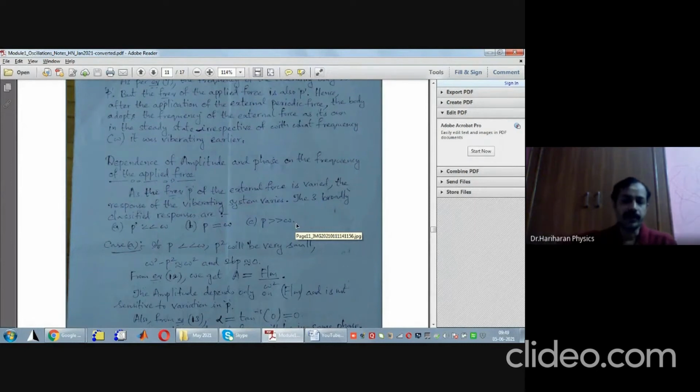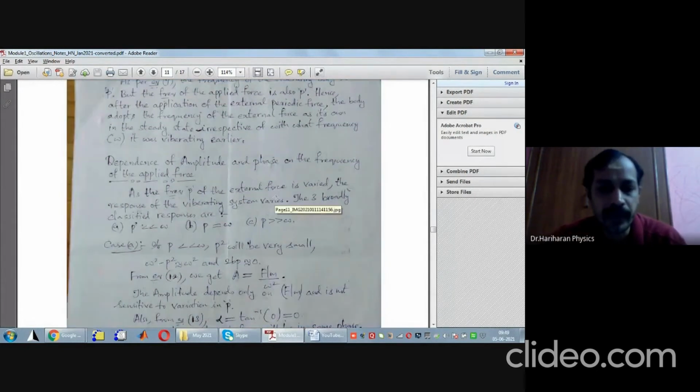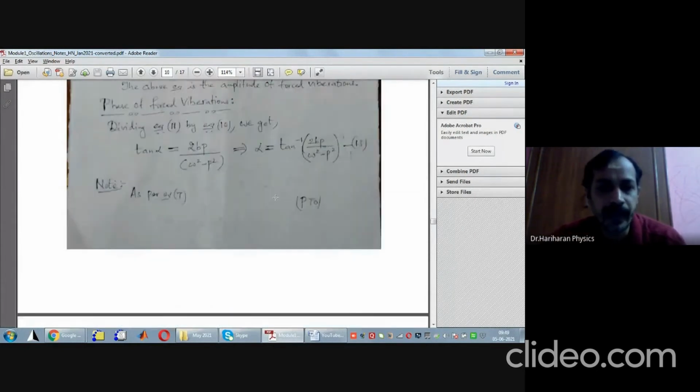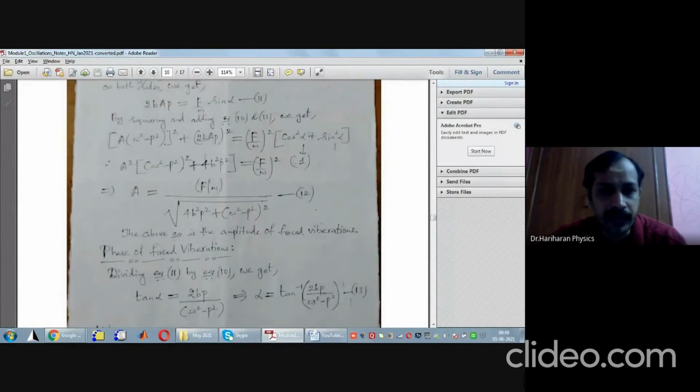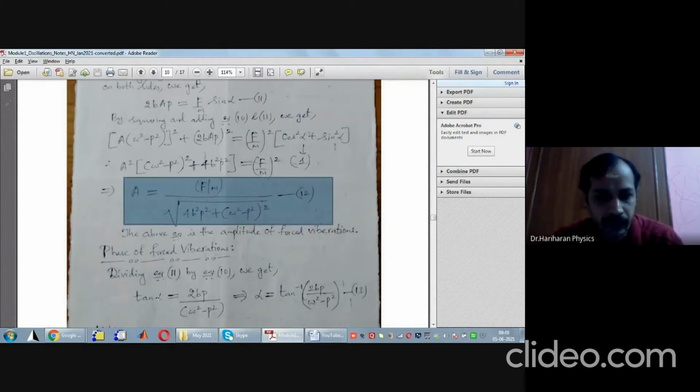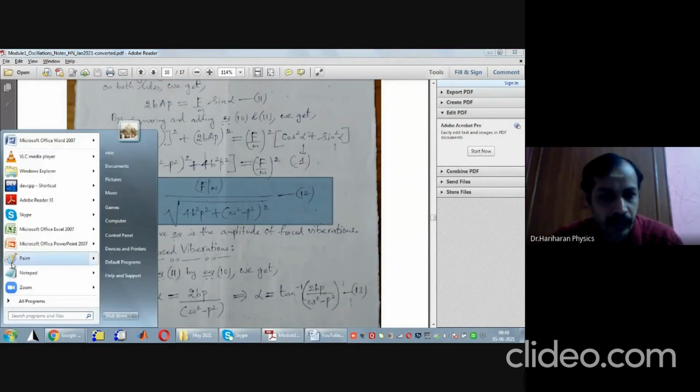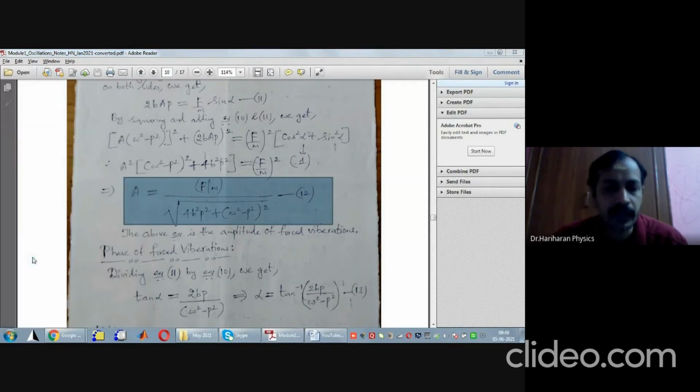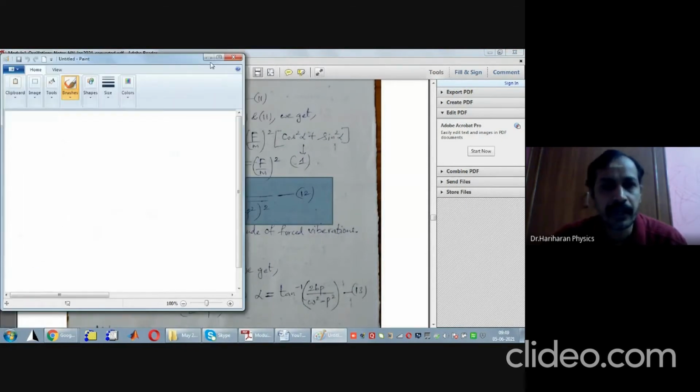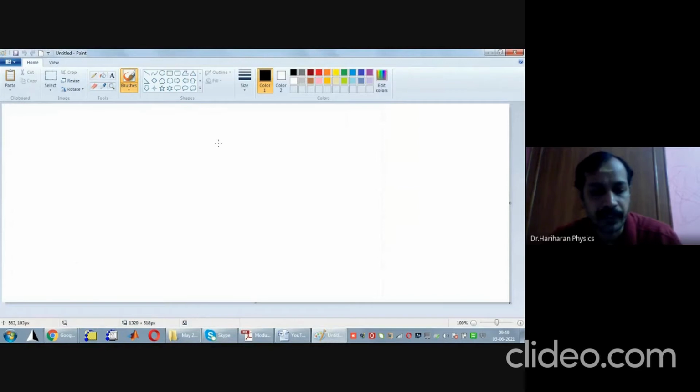What does that mean? First look here, the key equations that we derived yesterday are these. One is the amplitude of vibration, and the other is the phase of vibration.